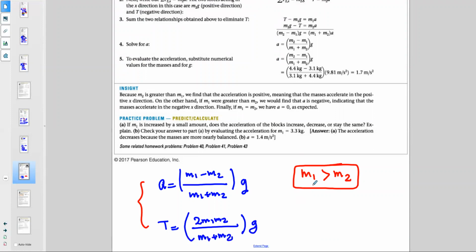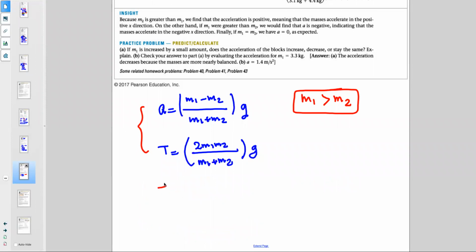So in other words, for your problem, M1 and M2 will switch.